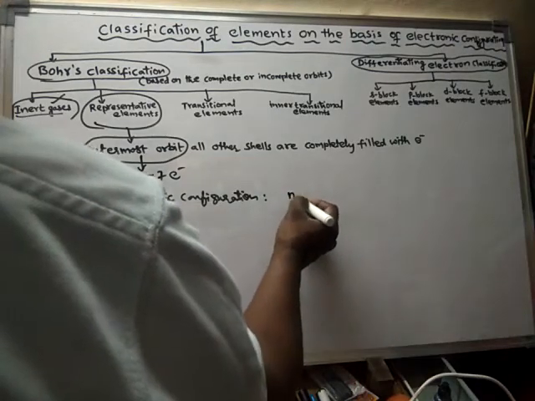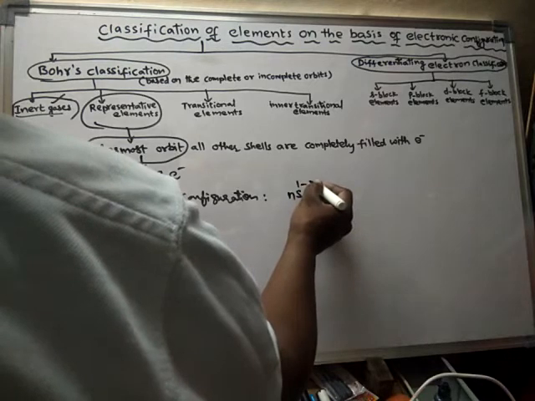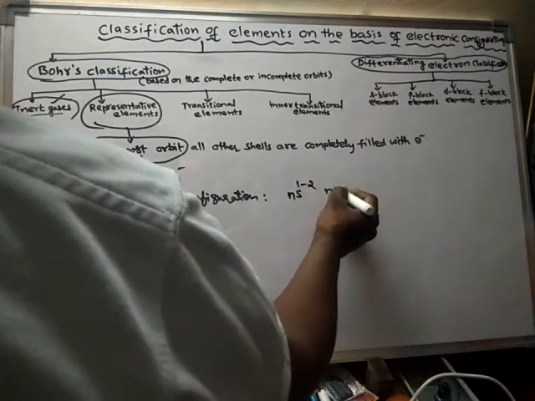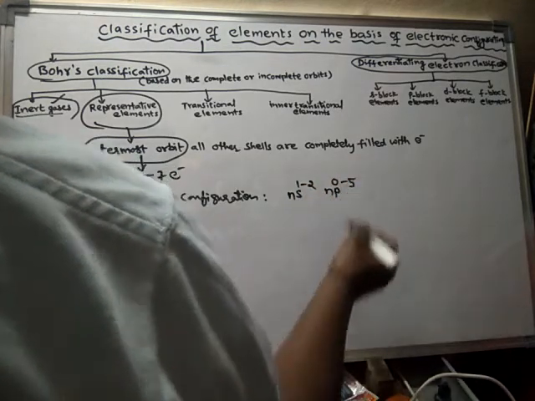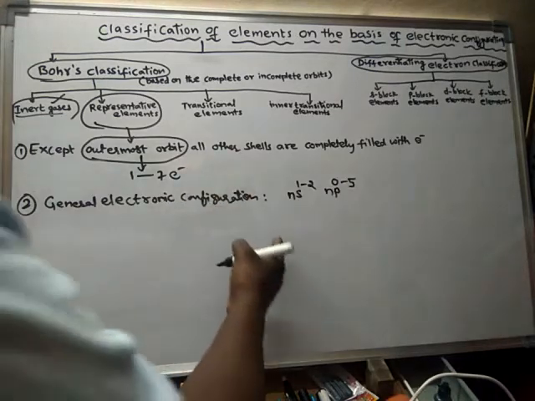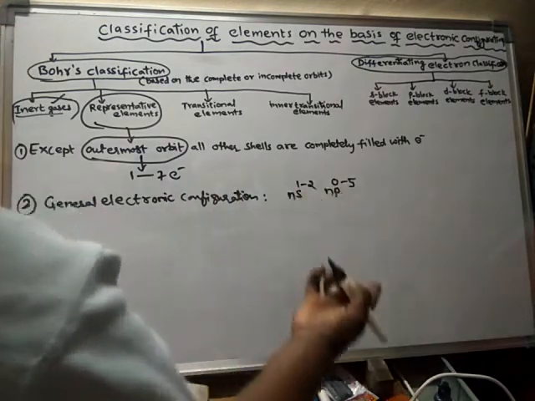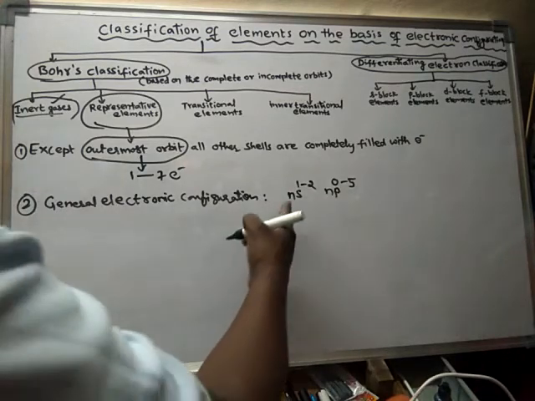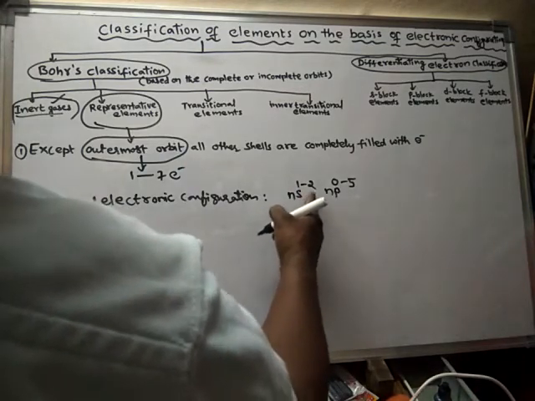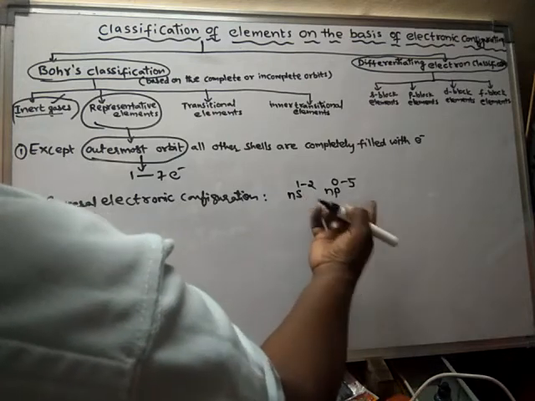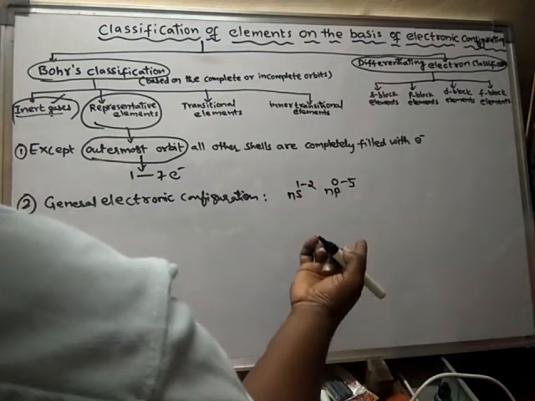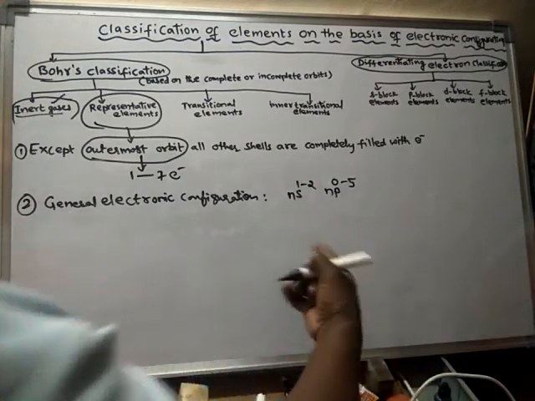It is like this: ns1-2, np0-5. That means some elements may contain 1 electron in the s orbital and 0 electrons in the p orbital. Some may contain 2 electrons in the s orbital and 1 electron in the p orbital, or 0 electrons in the p orbital, or 2 electrons, or 3 or 4 or 5.